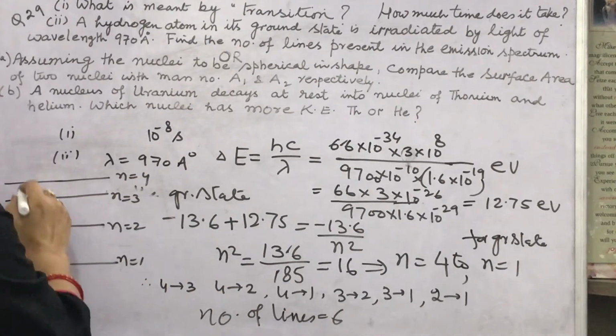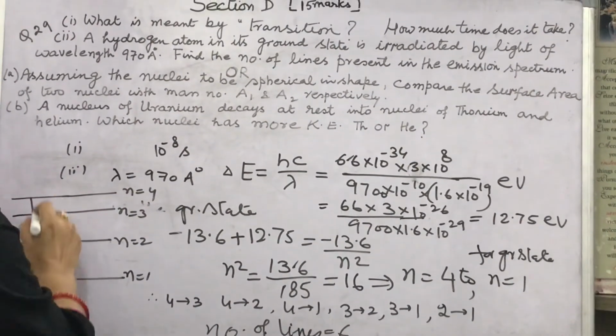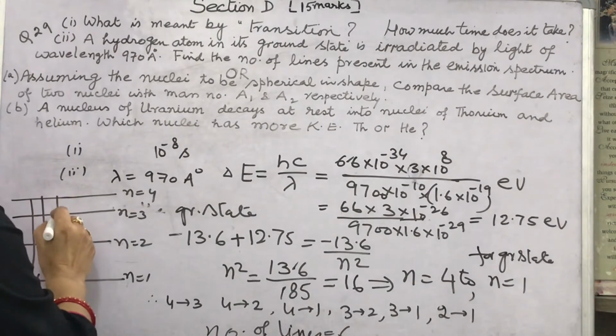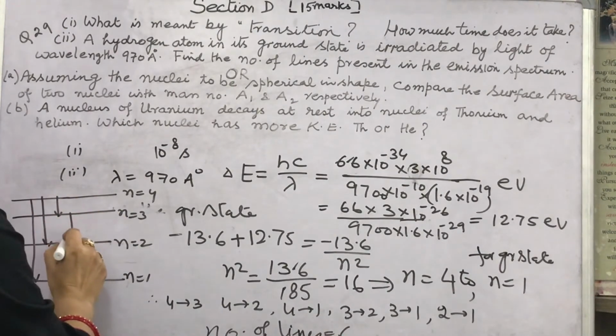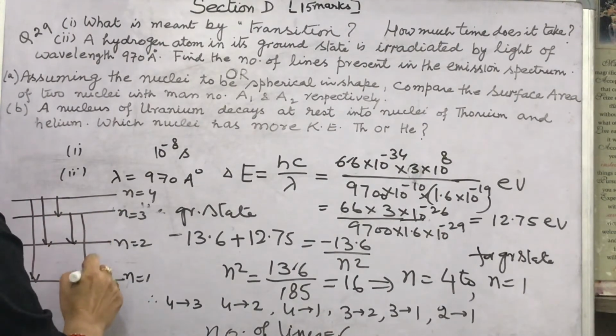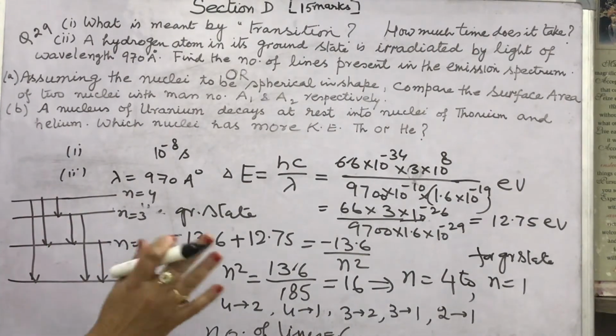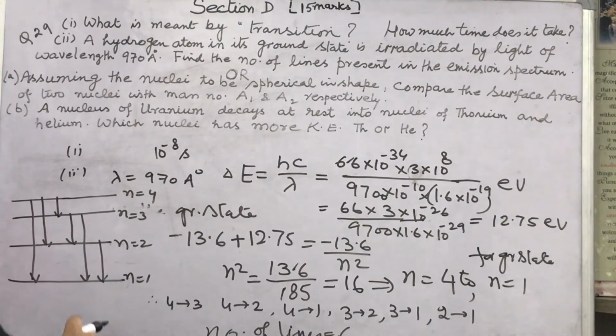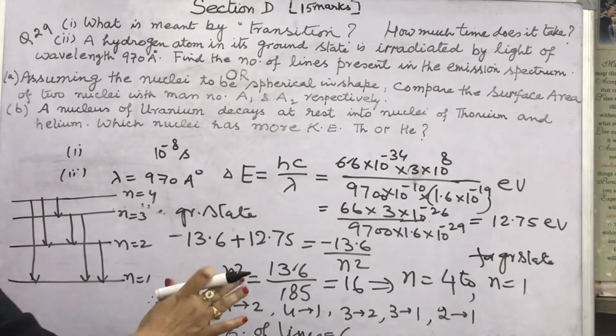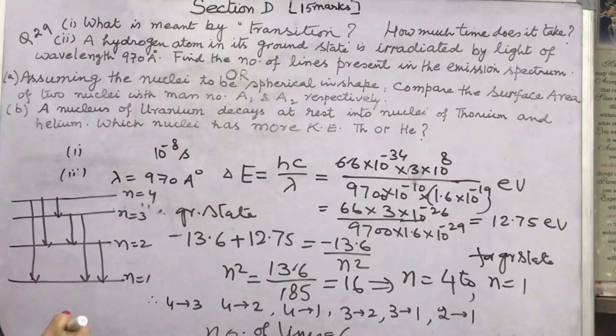Look how it is counted: 4 to 1, 4 to 2, 4 to 3, then 3 to 2, 3 to 1, then 2 to 1. So these are the 6 lines. If it is asked how to represent, you can represent it in this way. Okay.